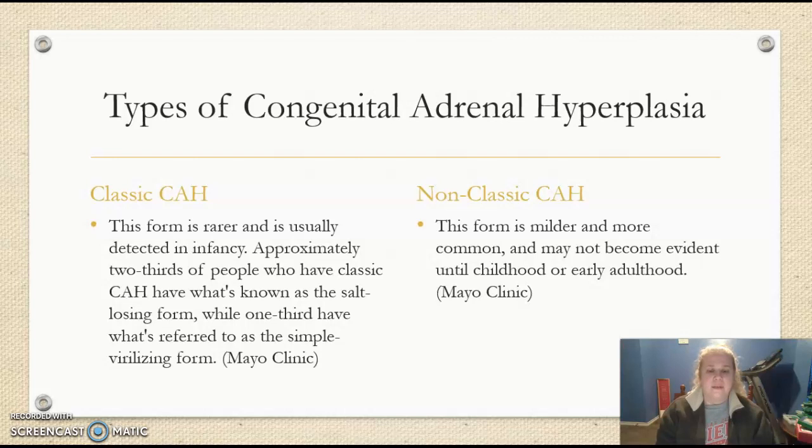It can come with a form known as the salt-losing form, and your baby can get pretty sick and deteriorate pretty quick with this form. We'll talk about it later on in the symptoms. Another form is the non-classic, which is milder and a little more common. It can be diagnosed later on in age, early childhood, early adulthood.